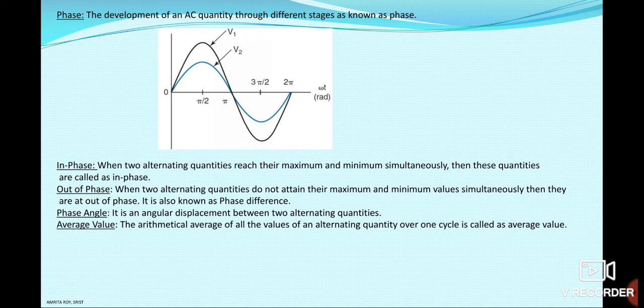In this case the waveforms V1 and V2 don't have the same peak value, but they attain their peak values at the same time, on both the positive and negative half cycle. That is, at pi by 2 they reach their maximum value on the positive half, and at 3 pi by 2 they attain their highest point in the negative half cycle. They follow a symmetric pattern and are in synchronism with each other. So in this case the two waveforms are considered in phase.